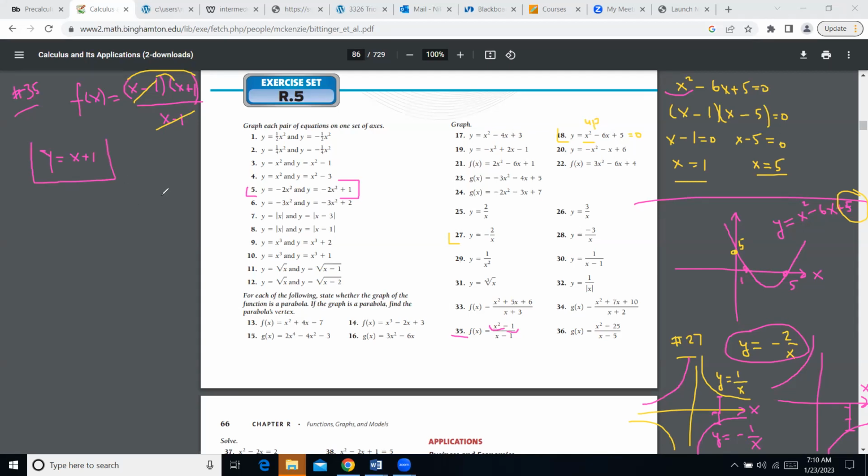If I want to graph that line, what I need is just a pair of points. Some people like to use 0 and 1 for x for convenience. If I plug in 0 for x, I get 1 for y. And when I replace x with 1, then 1 plus 1 gives us 2.